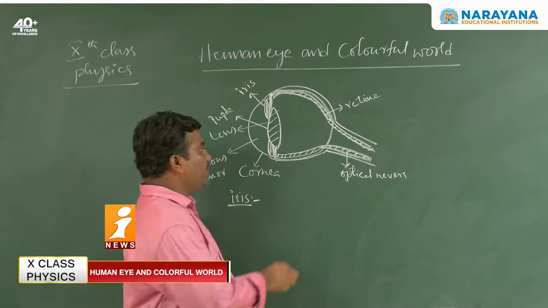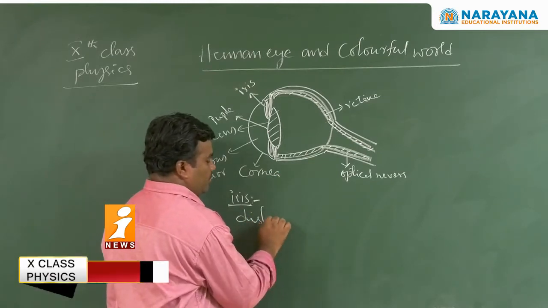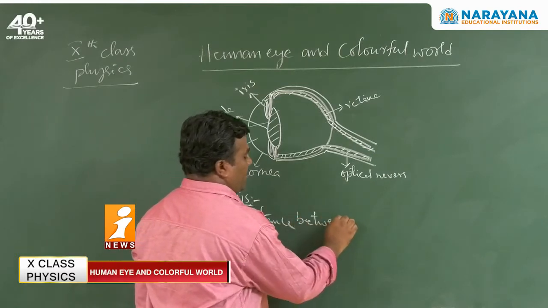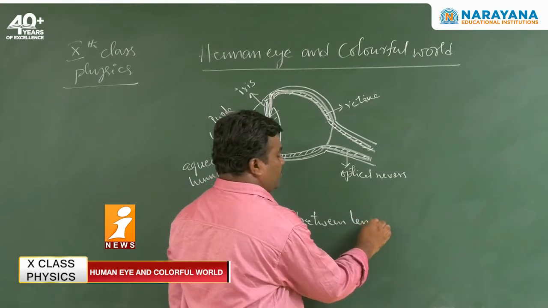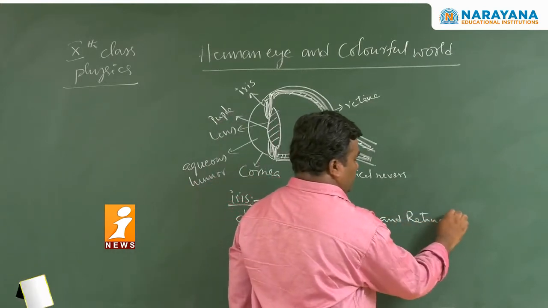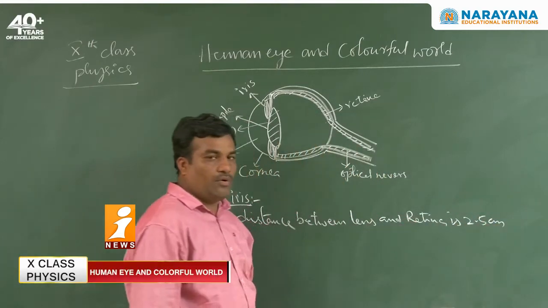Here we are observing that the distance between the lens and the retina is 2.5 centimeters.